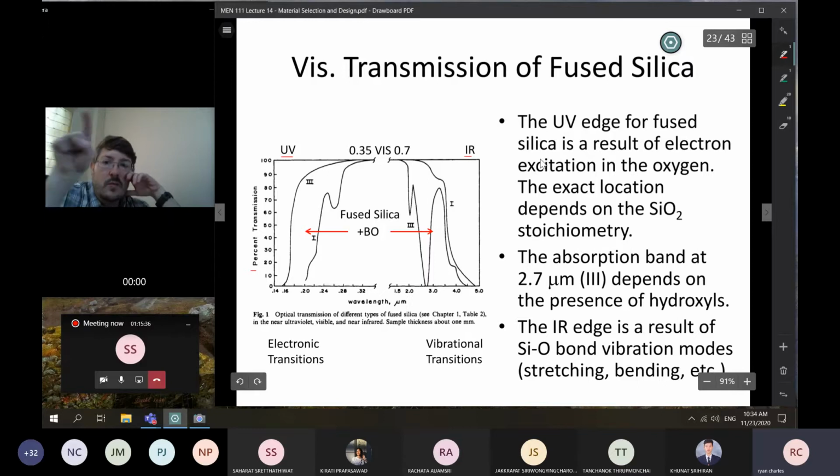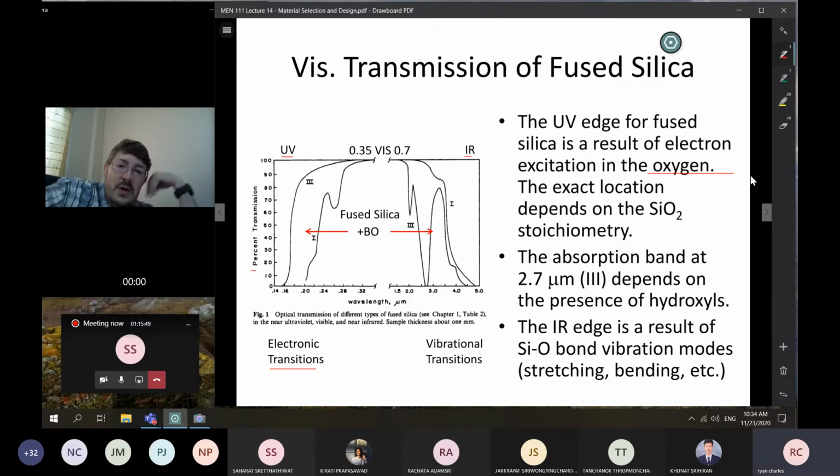Why does it fall? It's due to electronic transitions, right? Electron excitation in oxygen. Remember, electromagnetic radiation is energy, and that energy can interact with the material, right? In visible light, the photons can polarize the electrons, and they slow down in the material.